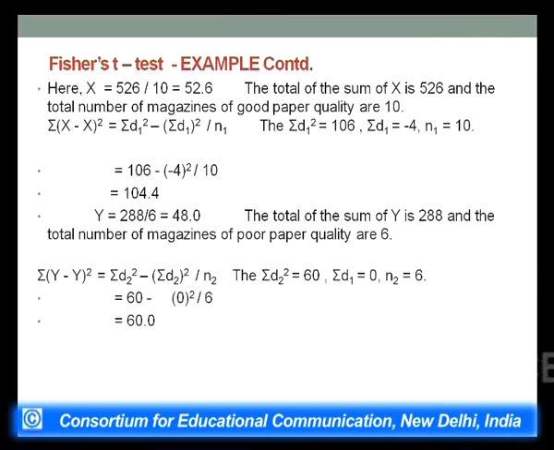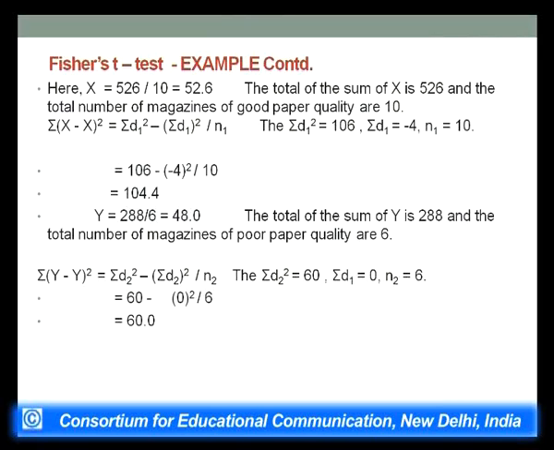So here the sum of X is 526, X was the series and they are 10 in number. So you divide by 10 and it becomes 52.6. See, the total of the sum of X is 526 and the total number of magazines of good paper quality is 10.